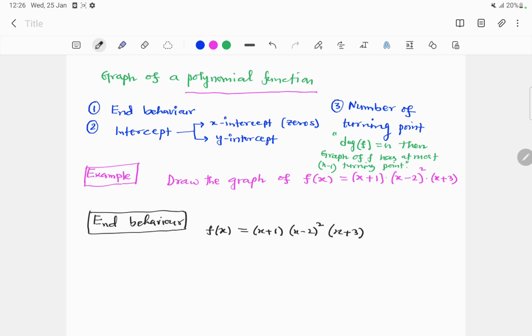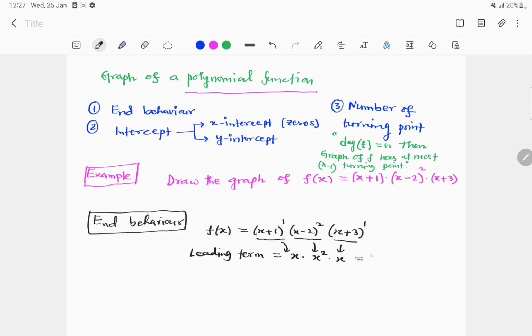For the leading term, since x plus 1 is to the power 1, the leading term is x. For the degree 2 factor, if you expand it you get x square, and for the last factor again you get x.